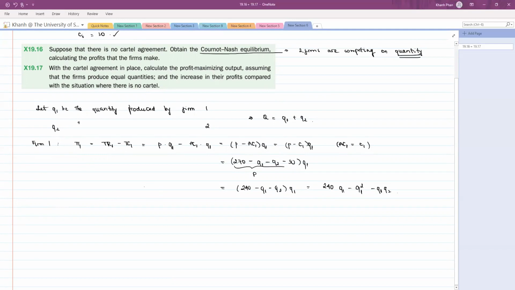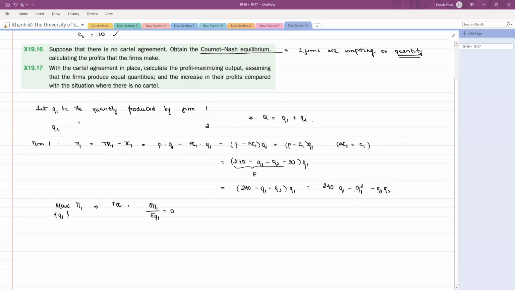What firm 1 wants to do is maximize firm 1's profit by choosing the quantity Q1. So we find the first order condition, where we differentiate the profit function with respect to Q1 and make it equal to 0.